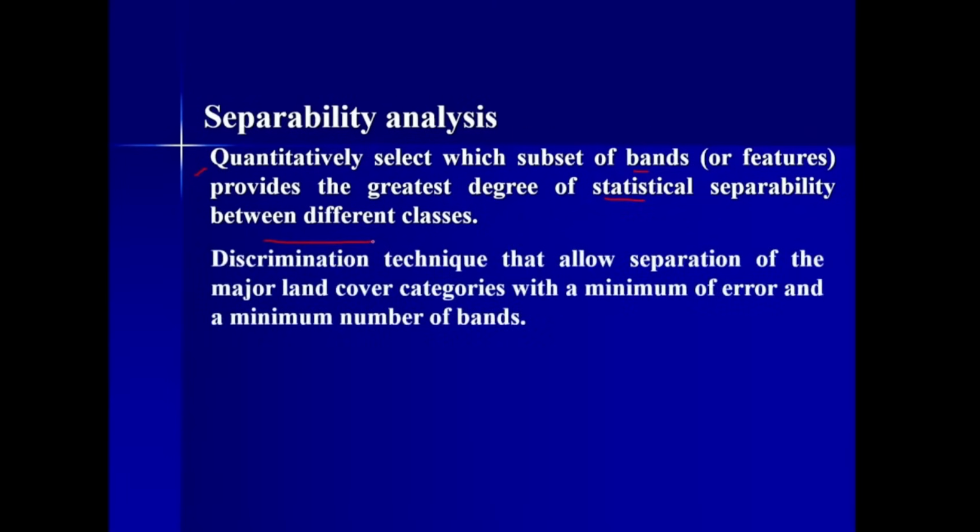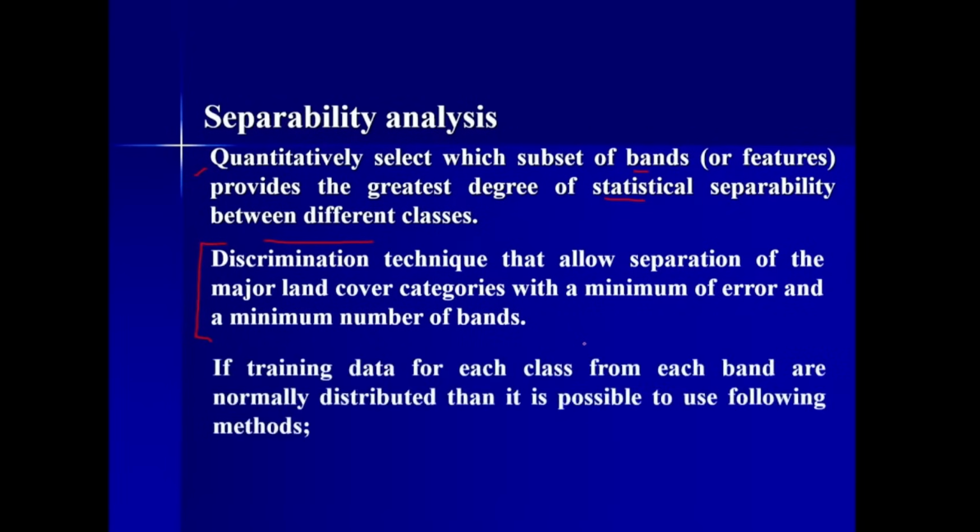Then we have to use the discrimination technique that allows separation of major land cover categories with a minimum number of errors and a minimum number of bands. That means once we are able to find the subset of bands, we can apply the discrimination technique to extract the classes with a minimum number of errors and a minimum number of bands used in the input image.